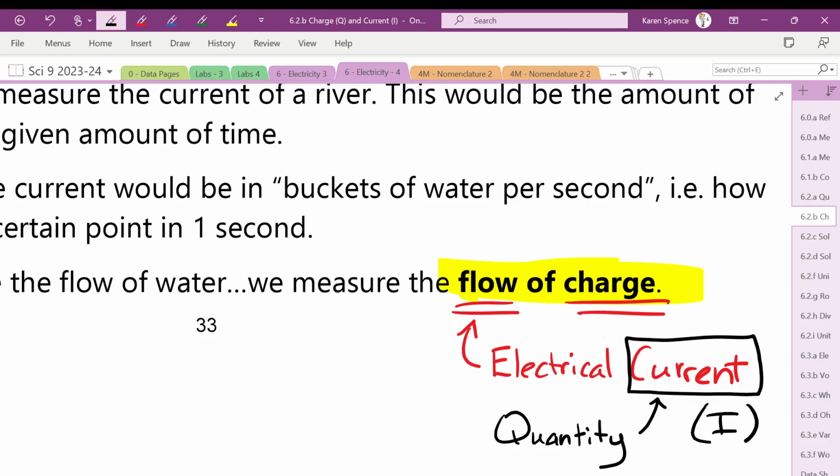So that's our quantity. And a quantity must have a unit. Anyone taking electronics or anything and know what unit current is measured in? It's okay if you don't. It's what we're here to learn.